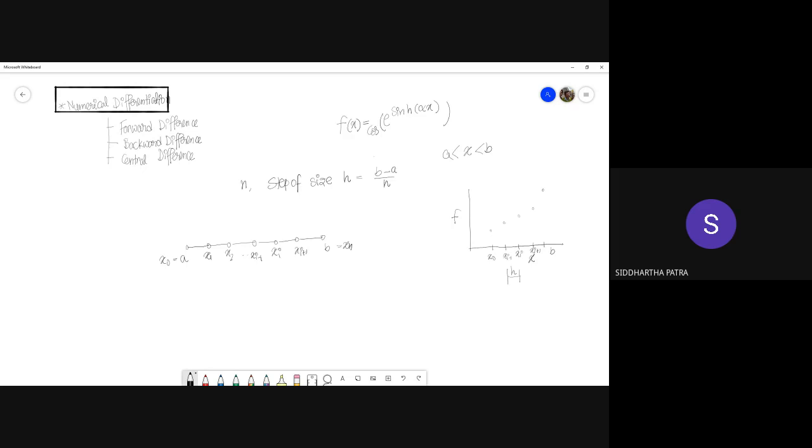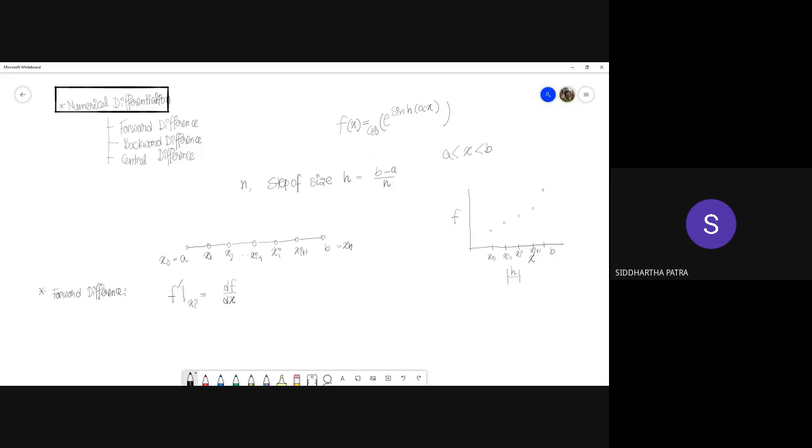We'll first discuss the forward difference. In the forward difference method, you can define f prime at xi, which is df dx.